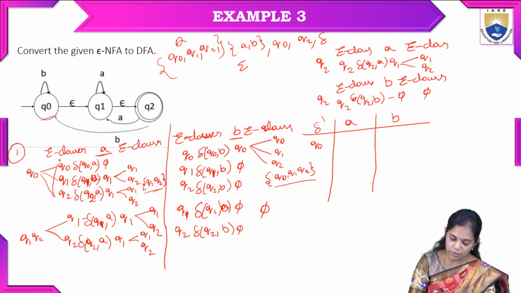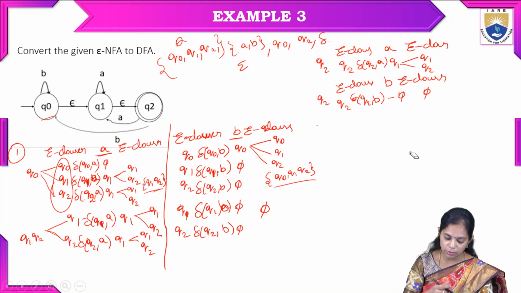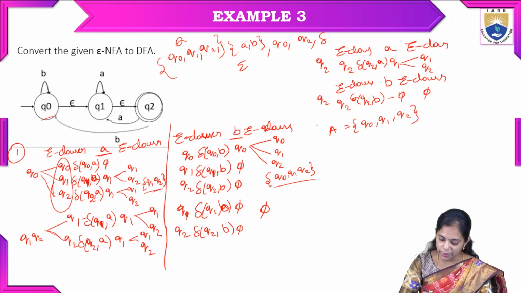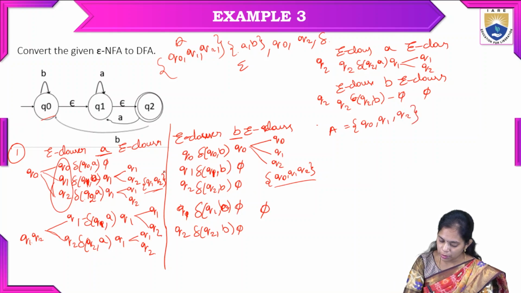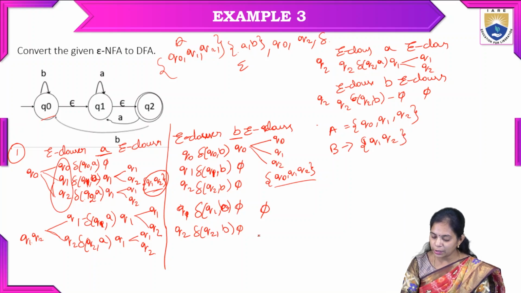We need to name this, so let me write the naming convention. We will write A is equal to Q0, Q1 and Q2, and B is equal to Q1 comma Q2, and we need to write the two states.